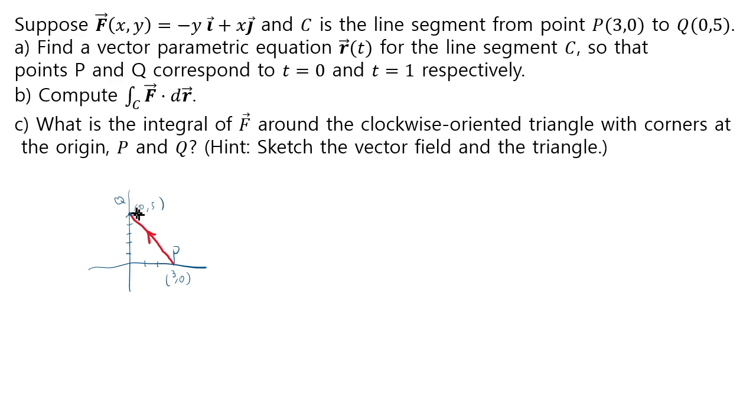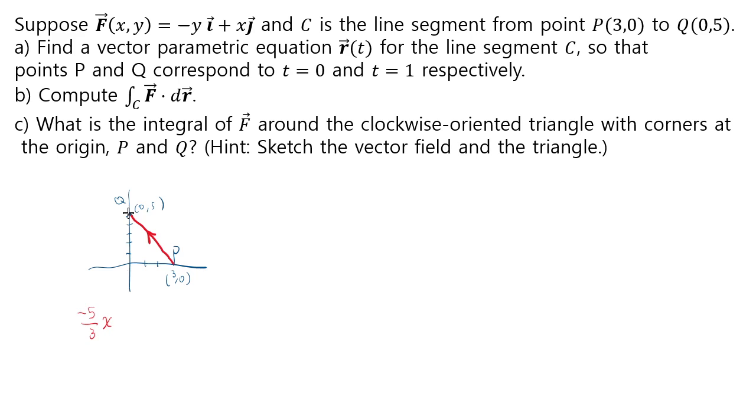So there are two ways to go about parametrizing this. One will be to find the line equation, and then once you have the line equation, you can parametrize it. Let me quickly show you how that's done. You can say the slope is rise over run: you go down 5, so negative 5, and run is 3, so that's the slope.